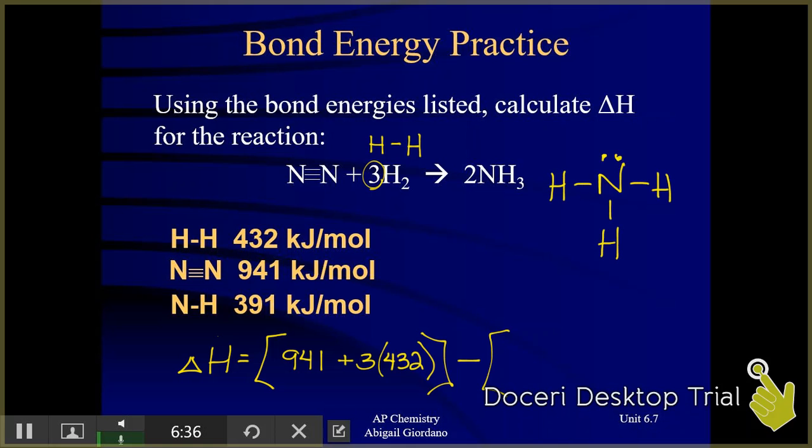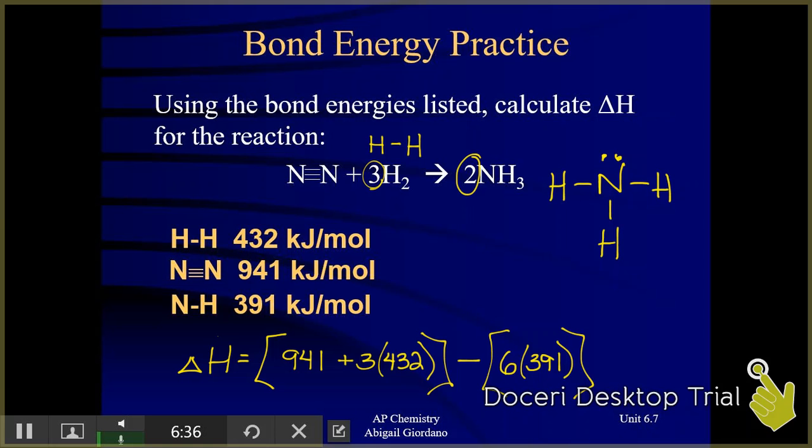One ammonia molecule has 3 N to H single bonds times 2. So how many total N to H single bonds are there? There are 6 of them. So I'm going to multiply 6 times 391. And then I'm ready to do my calculation here.